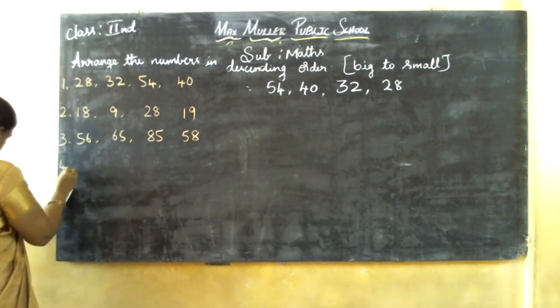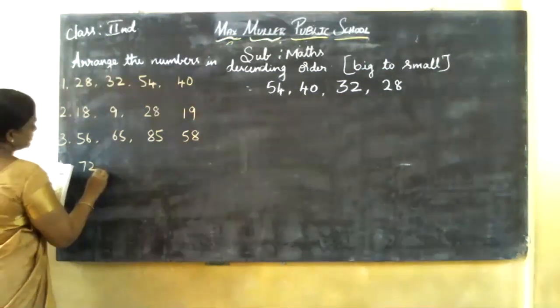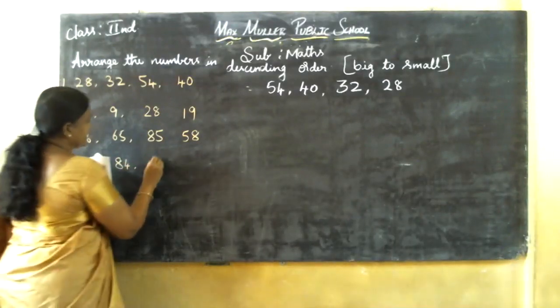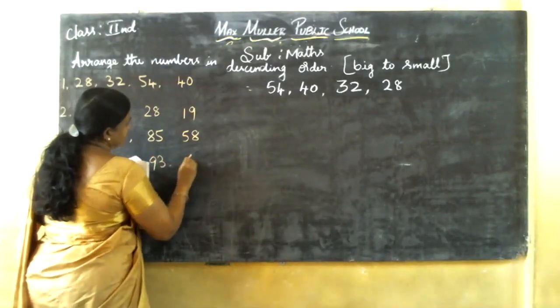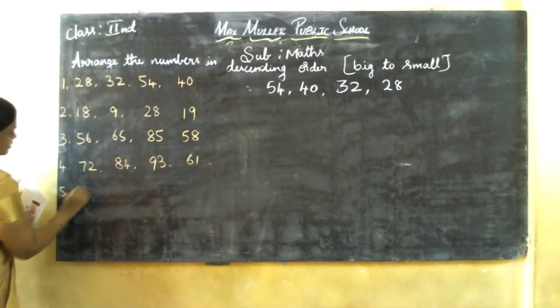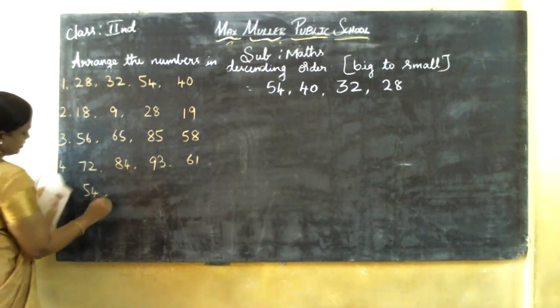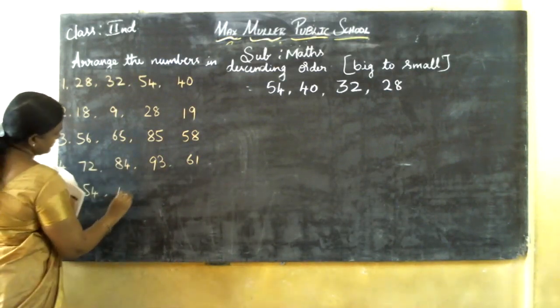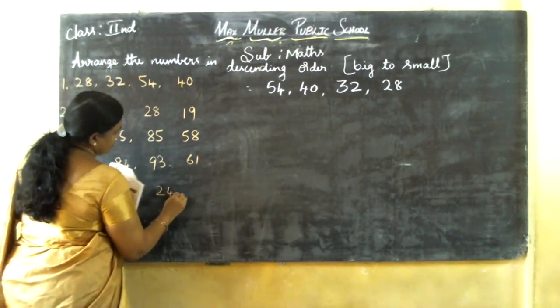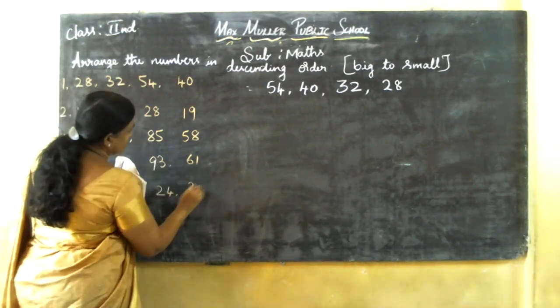Fourth one: 72, 84, 93, 61, 54, 43, 24, 34.